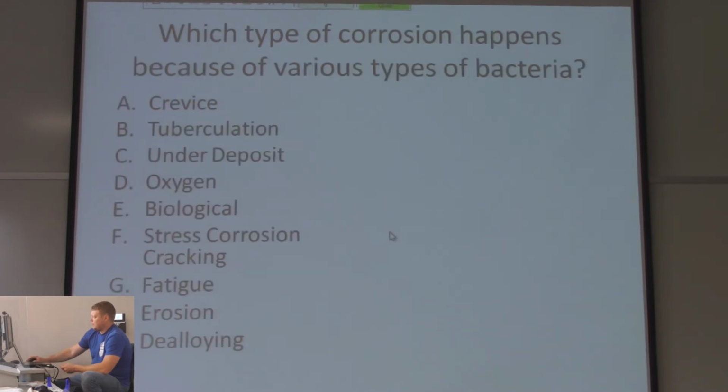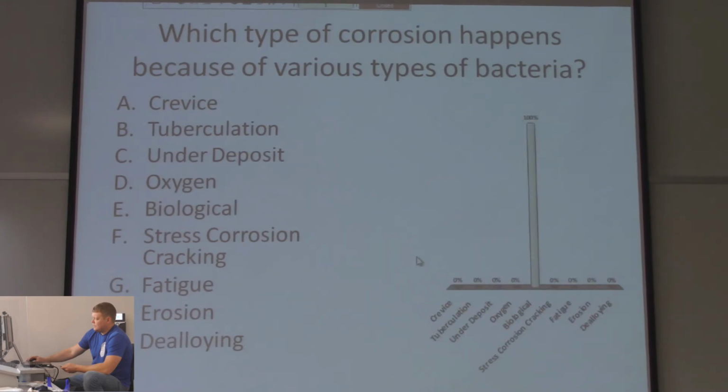Which type of corrosion happens because of various types of bacteria? Sulfate-reducing bacteria, acid-producing bacteria. I can't think of them all off the top of my head. Biological corrosion, right?